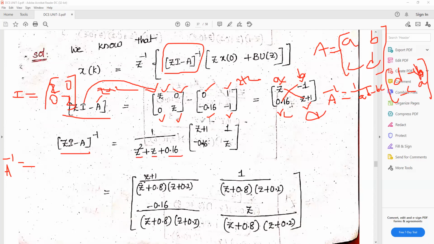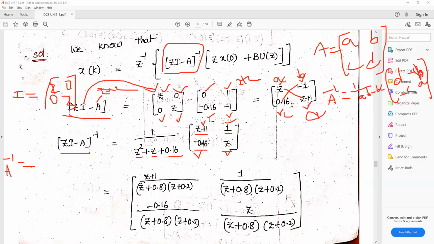The D is z plus 1, minus of minus 1 is plus 1, minus of minus 0.16 is 0.16, and z is A.